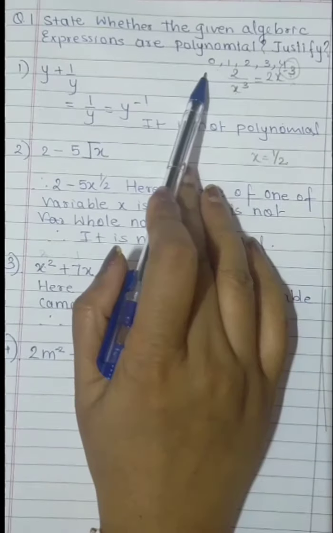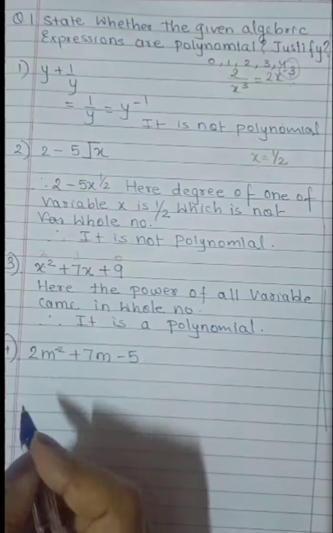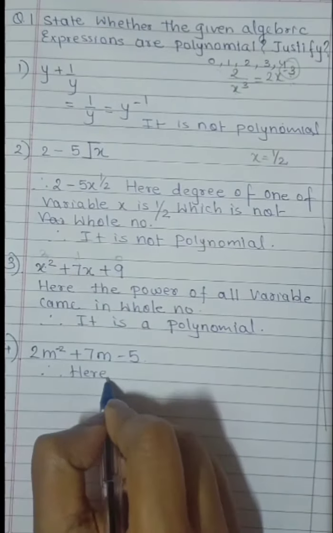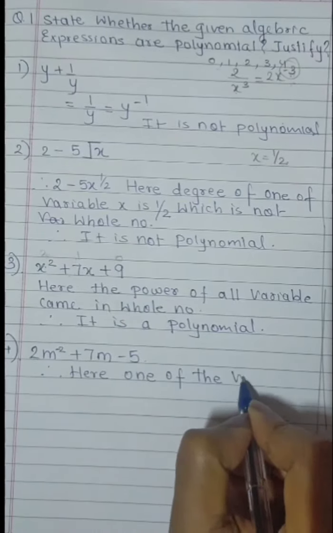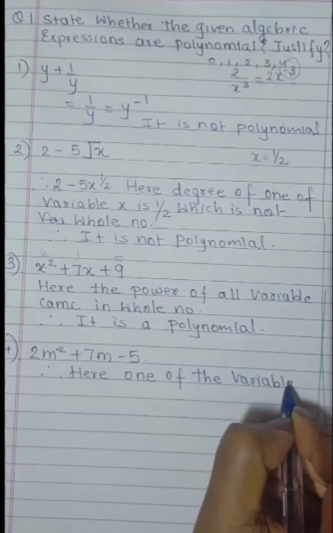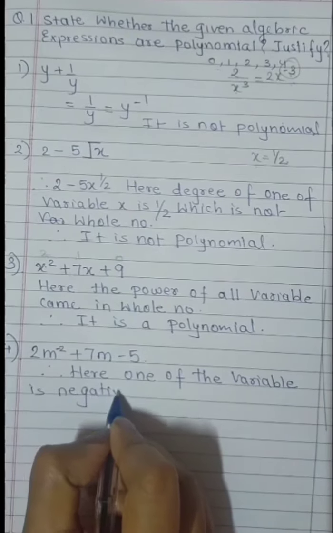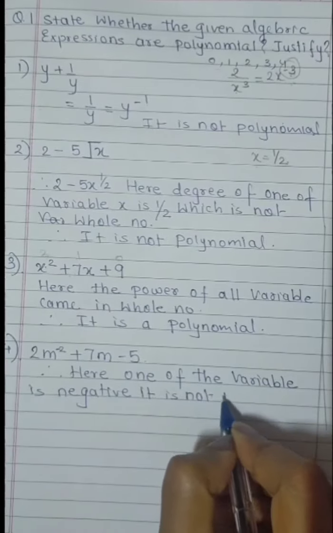As you can see, whole numbers 0, 1, 2, 3, 4 have no minus sign. Therefore here one of the variable's powers is negative. It is not a polynomial.